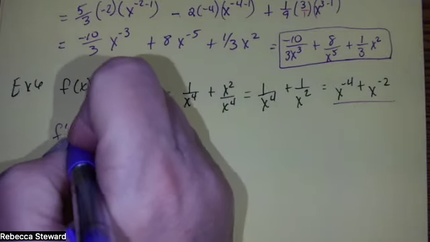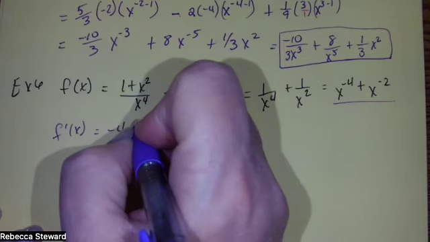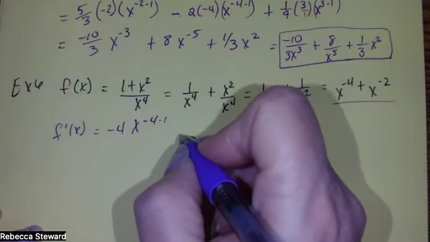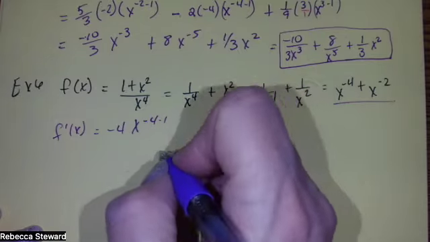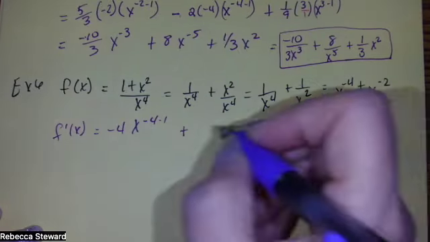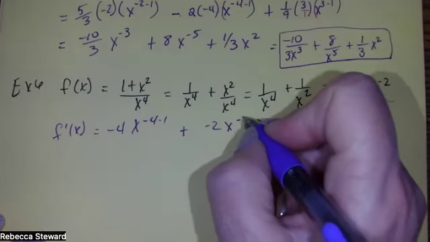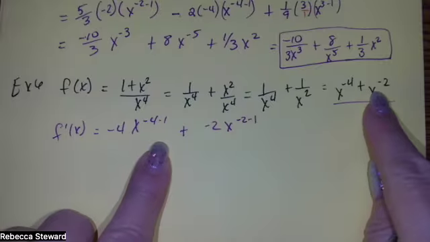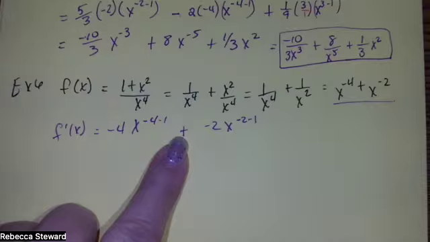So this is kind of where we're at, where we're going to take our derivative of that. So f prime of x will be negative 4 times our x to the negative 4 minus 1. And then we'll have plus negative 2 x to the negative 2 minus 1. Now I wrote the plus because it was positive, but you could recognize, hey, that's going to become a negative 2 and write it just as negative 2.